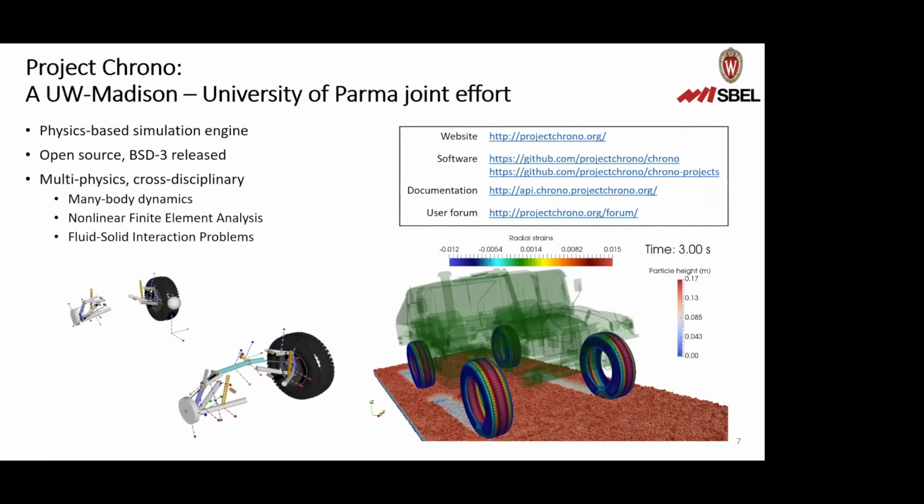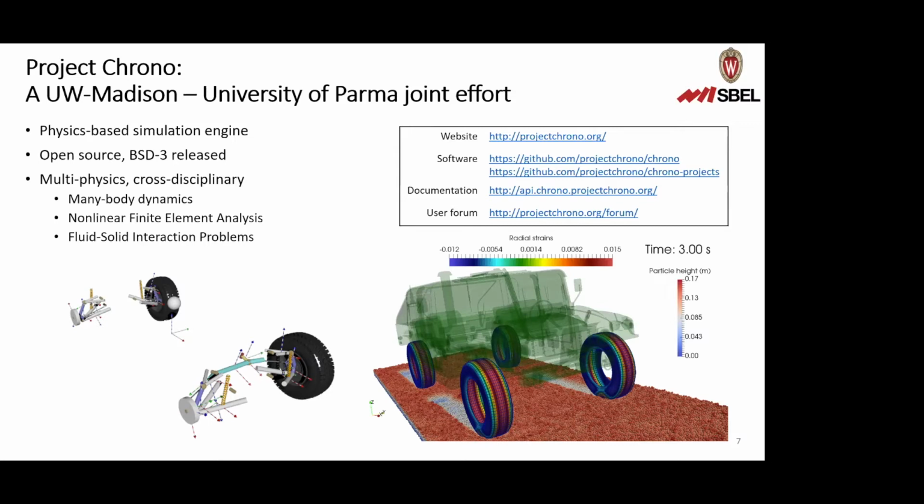It's essentially a physics-based simulation engine, open source and free to use and free to redistribute and include in software projects. There's a couple of websites here if you want to have a look further.